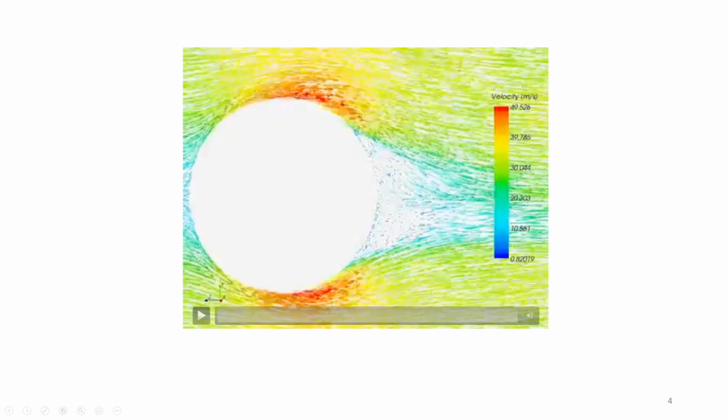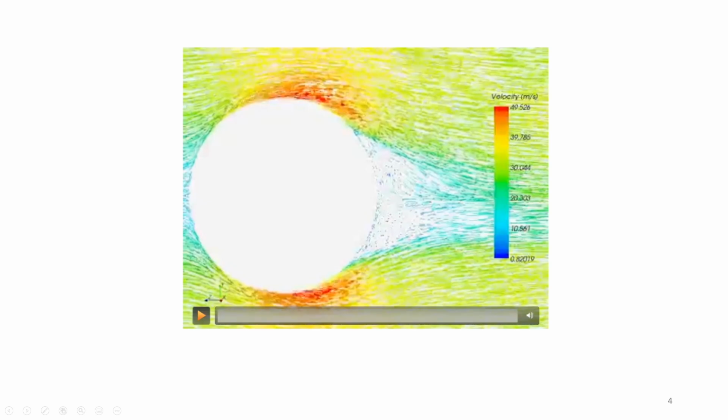And then eventually there will be some fluid that follows the contour of the cylinder, and the velocity gradually increases until you reach a maximum. At this maximum, the fluid will start to separate. It is not going to go back and grab the cylinder, but it is going to separate and create a wake.